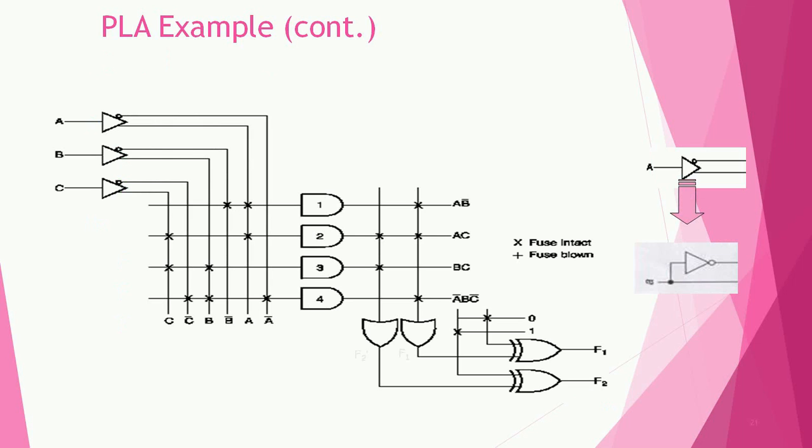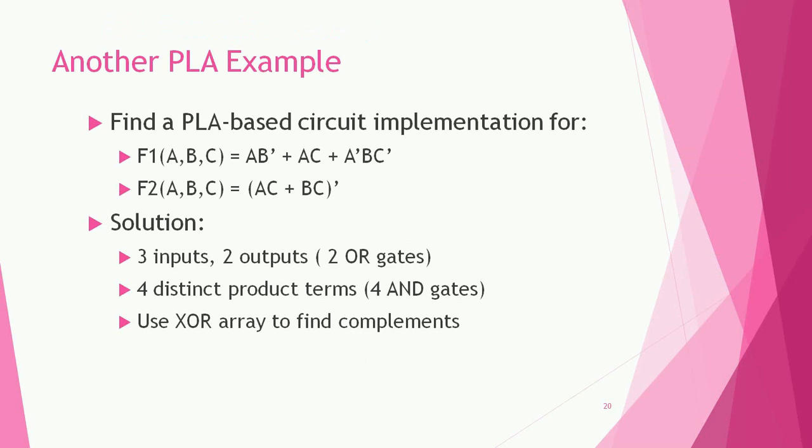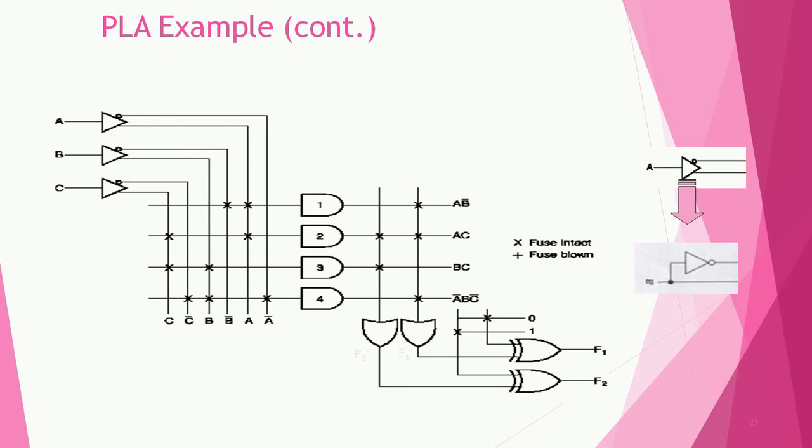This is the PLA example in which three inputs are connected in complemented and uncomplemented form as shown in the previous equation. AB bar is the first product term. So for the first AND gate, we will be connecting A, B bar, and you will observe AB bar is there.